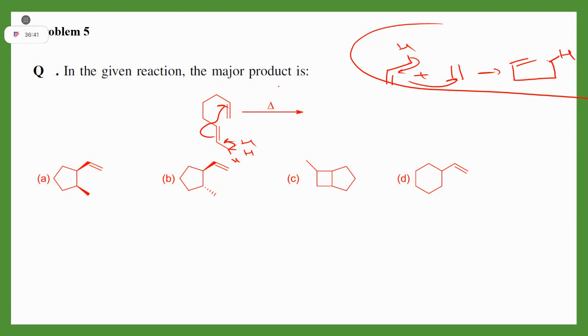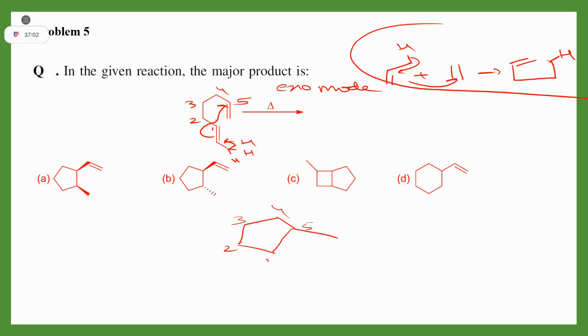Basically this reaction takes place in exo mode. Okay. So how many membered ring will form? One, 2, 3, 4, 5. Okay. So 5, just draw 5 membered ring. 1, 2, 3, 4, 5.